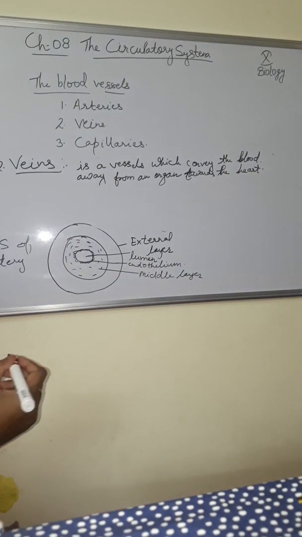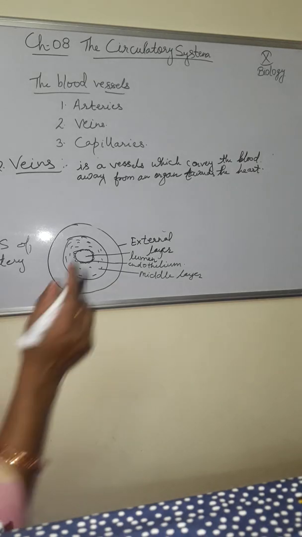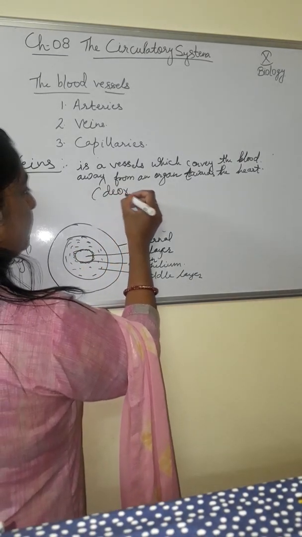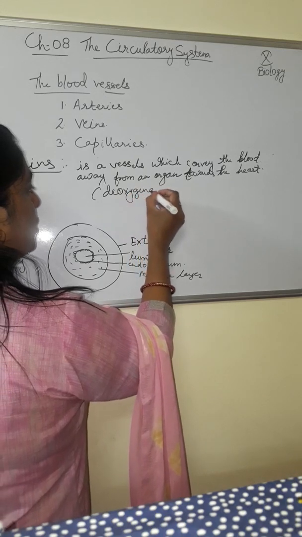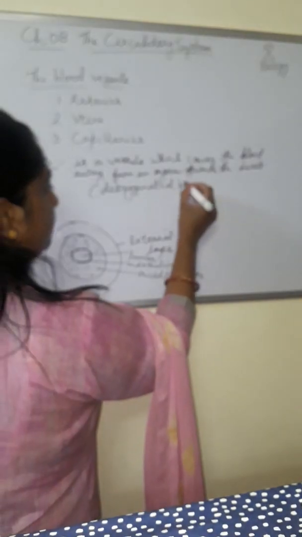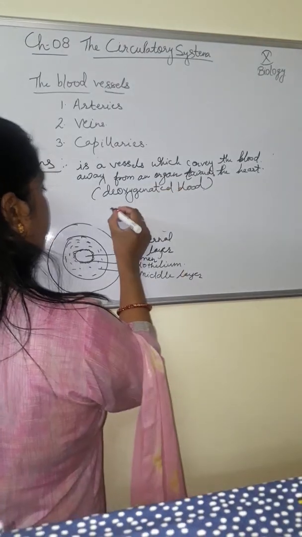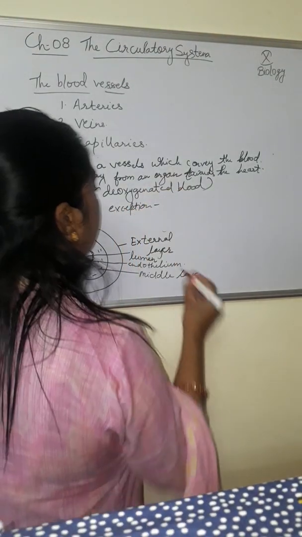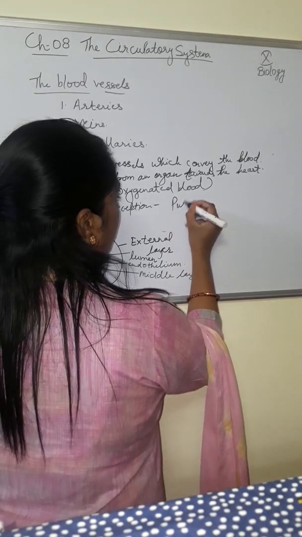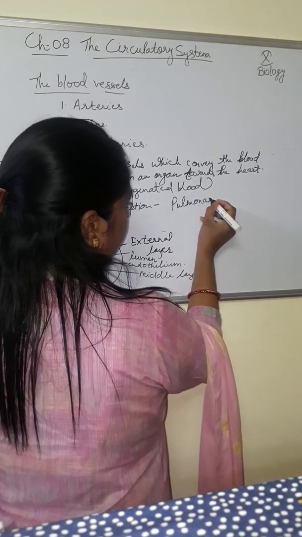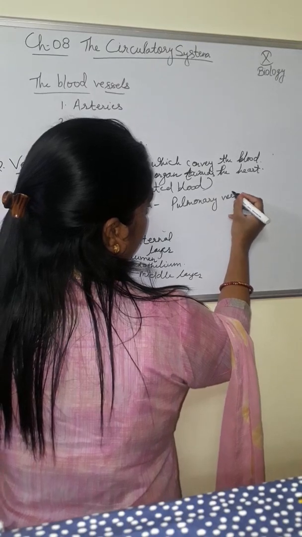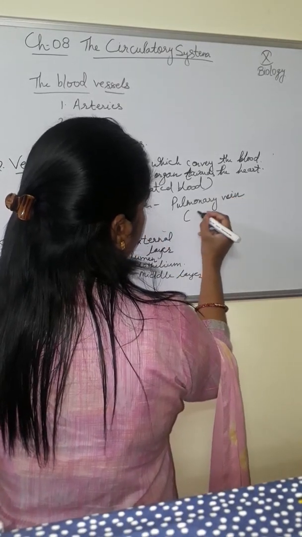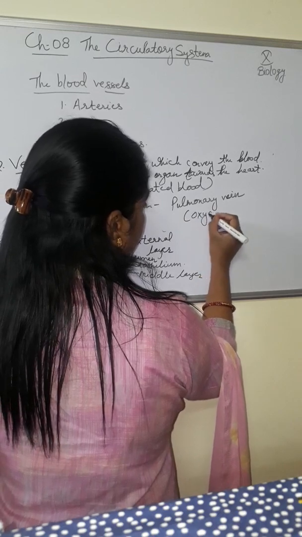Okay, this is veins. Veins always carry deoxygenated blood, exception, that is pulmonary vein, which carries oxygenated blood.